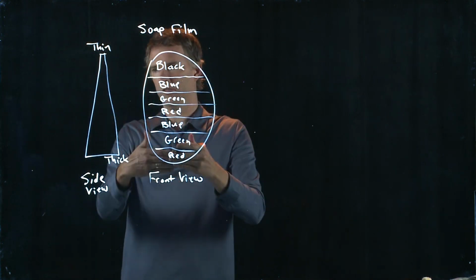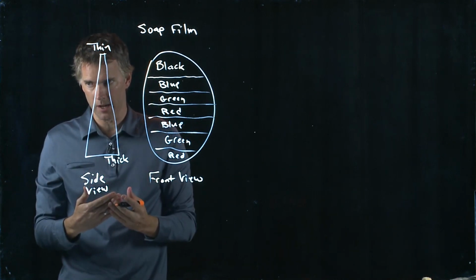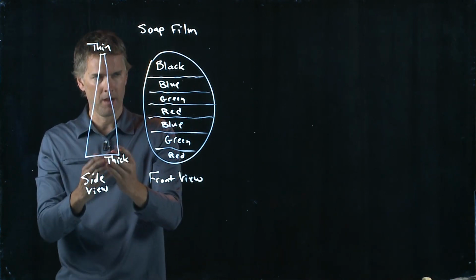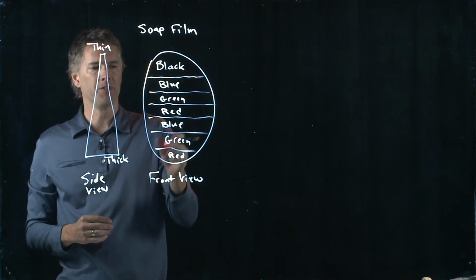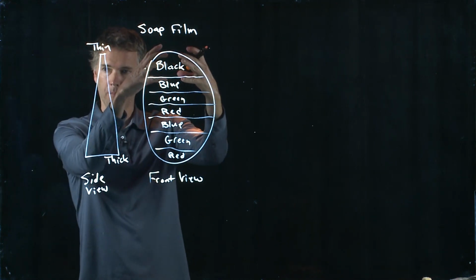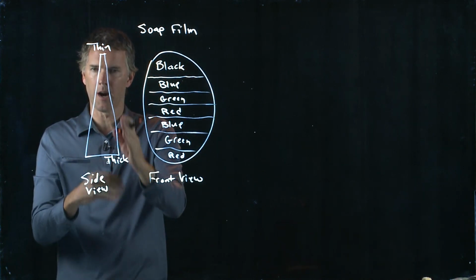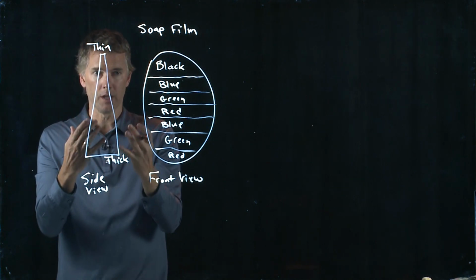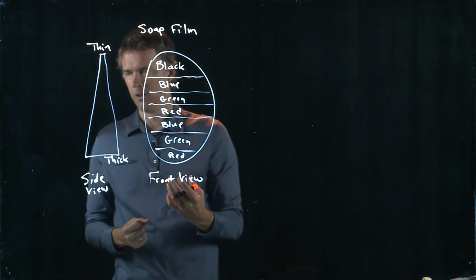That's what that soap film is doing. Why is it doing that? Because gravity is acting on it. Gravity is pulling it down. The rim, the wand of the soap bubble device, is trying to hold it up, but gravity is pulling it down. And so it gets thicker at the bottom, it's thinner at the top, and eventually gravity is going to win and the soap bubble pops and disappears.